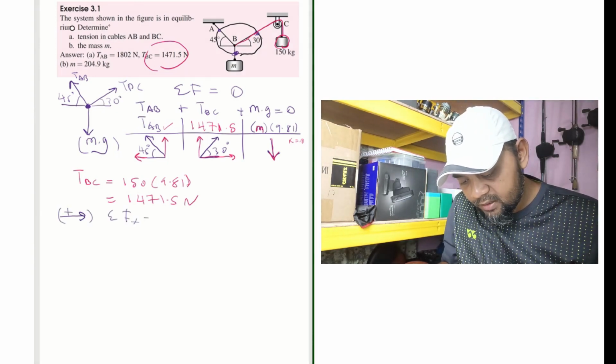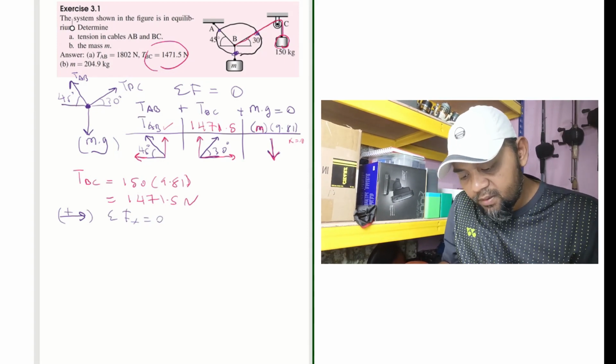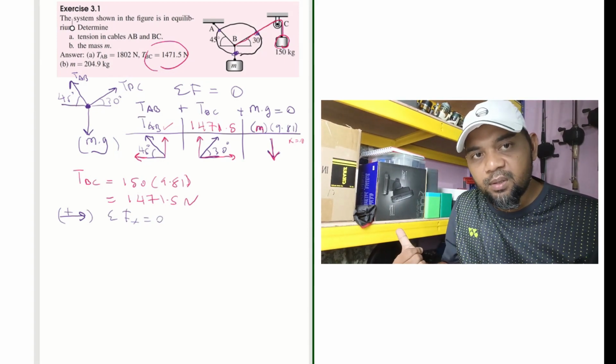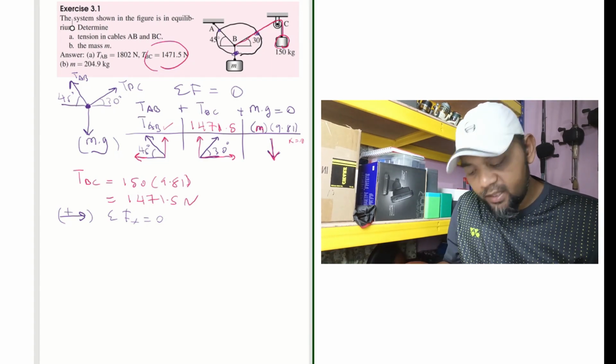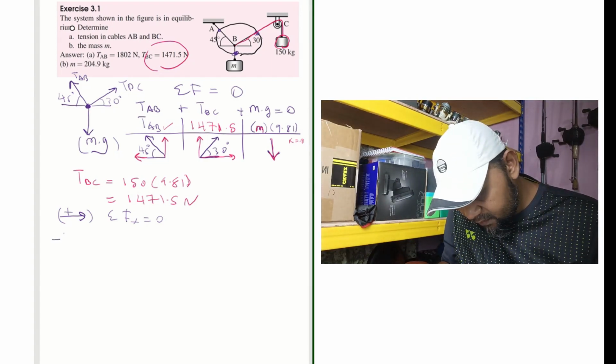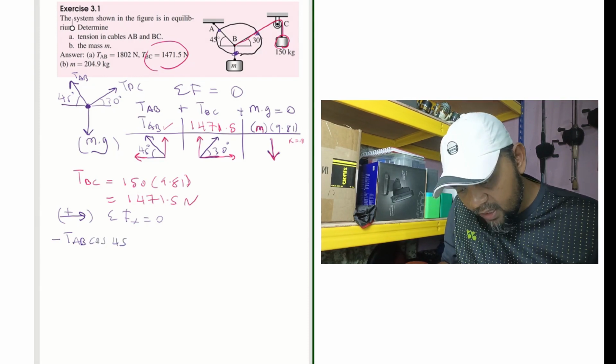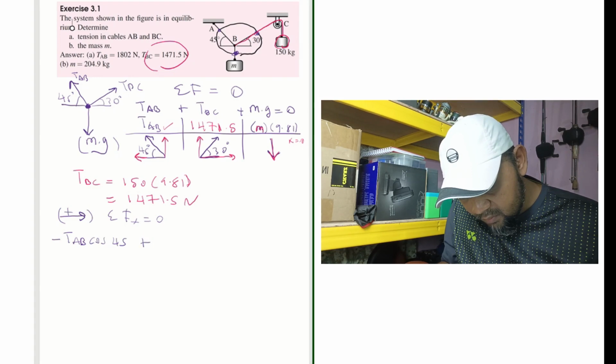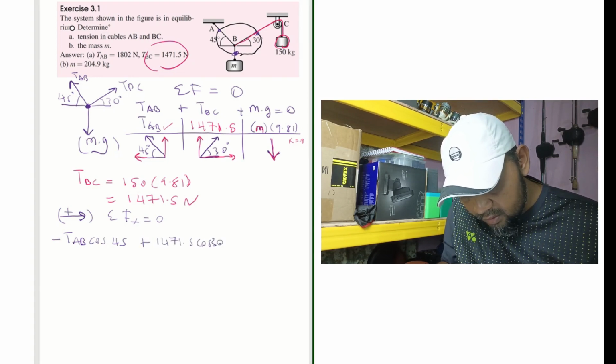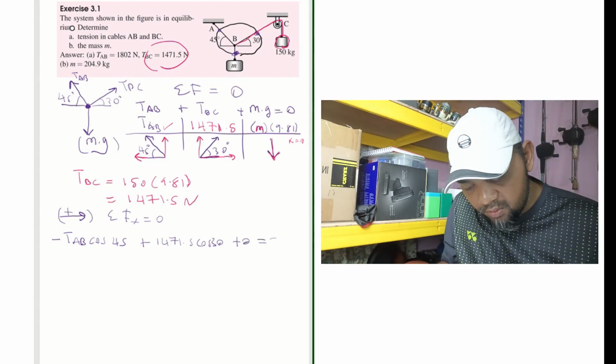Sigma Fx equal to 0. So you have TAB, which goes to the left, so it will be negative. Negative TAB cos 45 plus 1471.5 cos 30 plus 0 equal to 0.